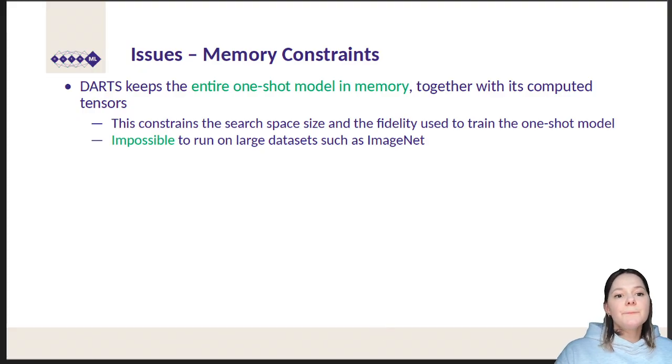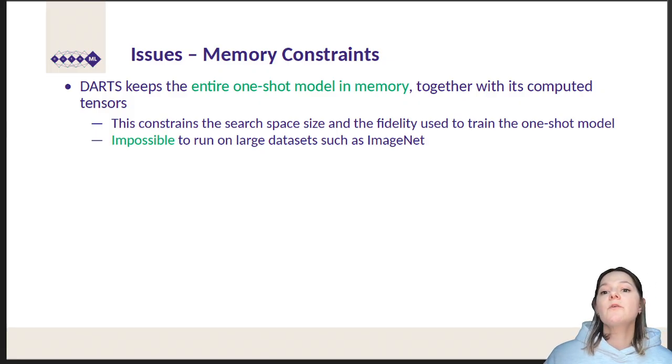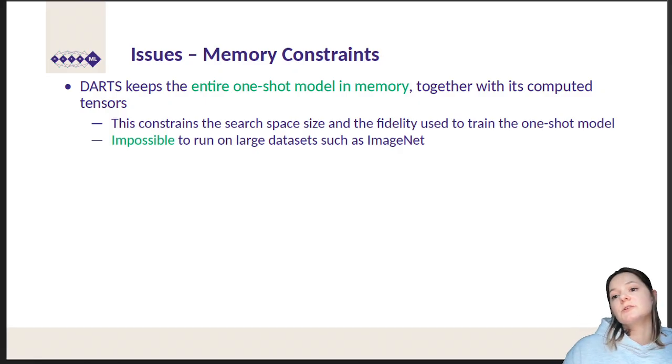Another issue with DARTS is the memory constraints. DARTS keeps the entire one-shot model in memory together with its computed tensors. This constrains the overall search space size and the fidelity used to train the one-shot model. Therefore, it's impossible to run on large datasets such as ImageNet.